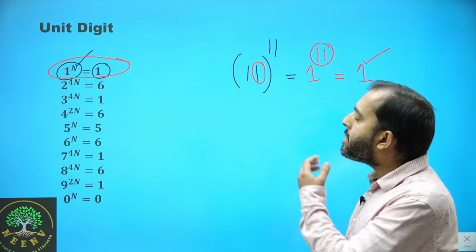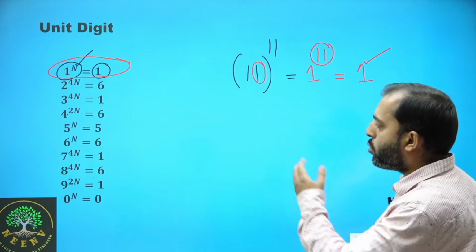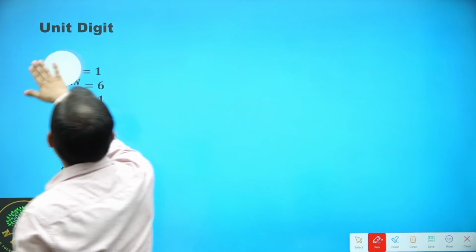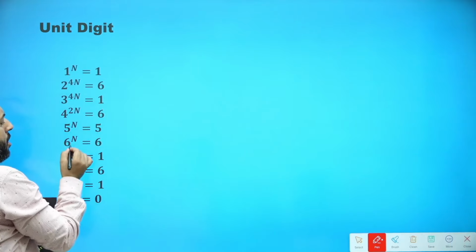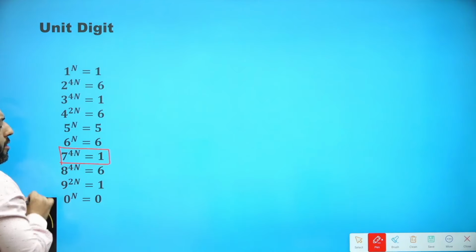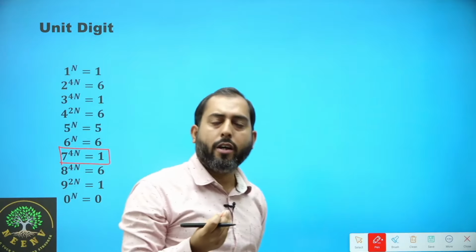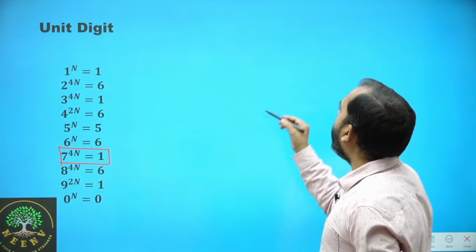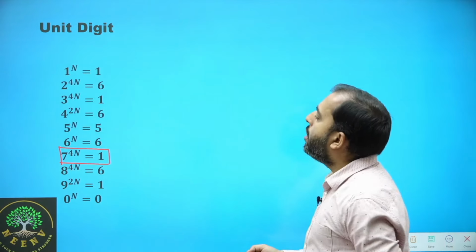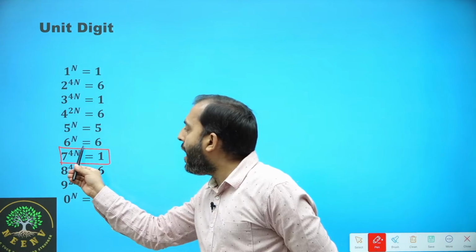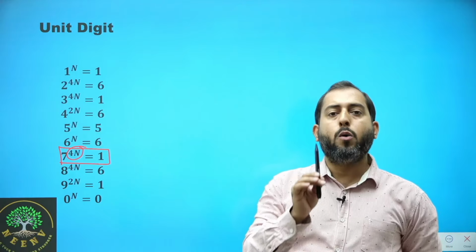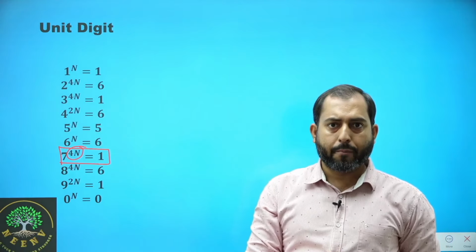Let's understand one more point out of these given points. Over here it is written 7 raised to the power 4n equals 1. It means a number which ends with 7, raised to the power any multiple of 4, will produce 1 as the unit digit.